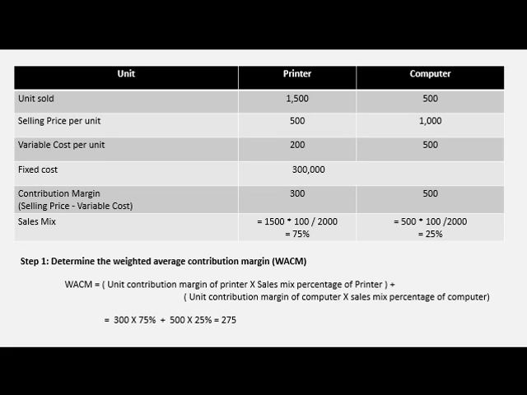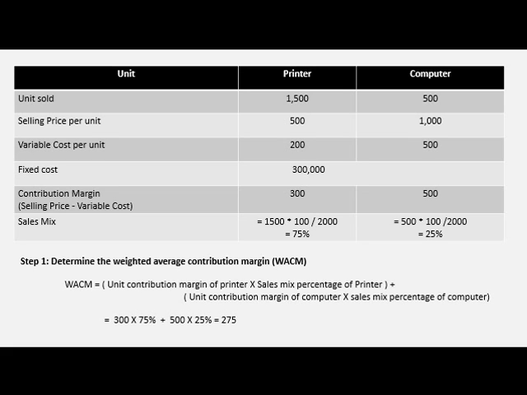Thus contribution of printer to total sales is 1,500 multiplied by 100 and divided by total sales, which is 2,000 units. Thus the contribution of printer is 75% to total sales. Similarly, contribution of computer is 25% to total sales. Thus sales mix for the company is 75% printer and 25% computer.